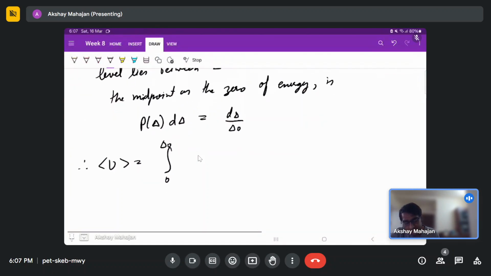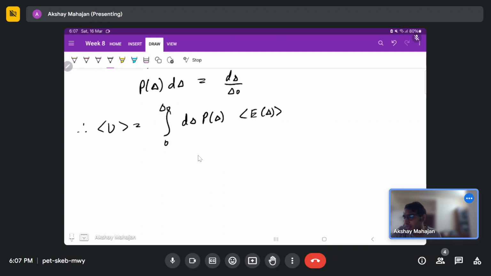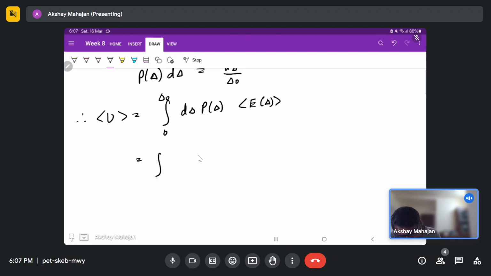Now this delta can vary, so we take the average: integral d delta P delta times the average for a single value of delta. So we have integration 0 to delta naught d delta by delta naught, because they are equally likely, of minus delta times tanh of delta by kBT. Just write it as delta by kBT.